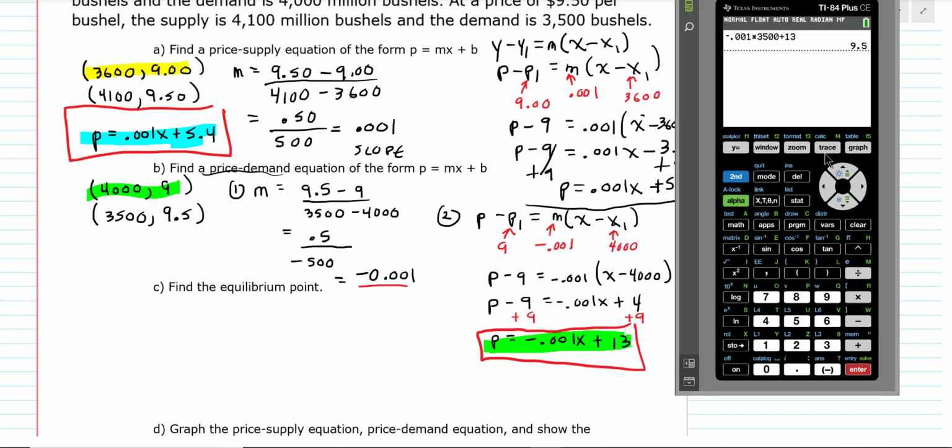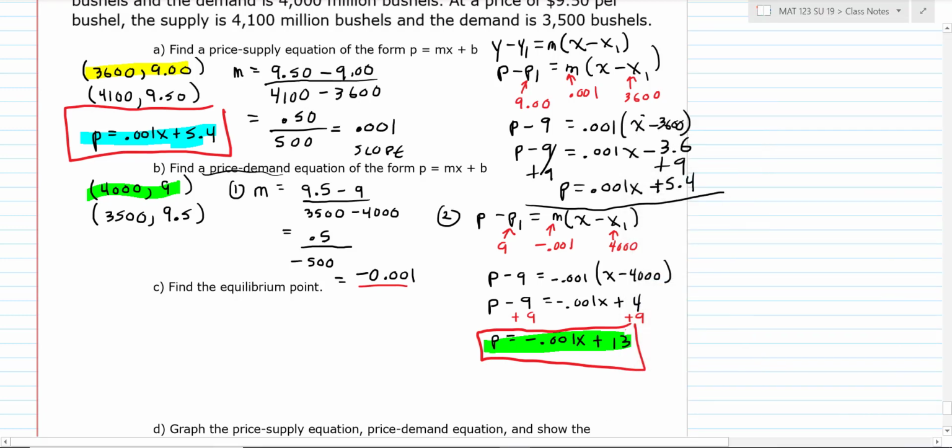Okay, so if you had trouble doing this, just look over my work and see if you can figure out where you went wrong. The first thing is the slope is negative. I subtracted the y's in this order, and subtracted the x's in the same order. You have to be consistent about the order that you subtract y and x in the slope formula.